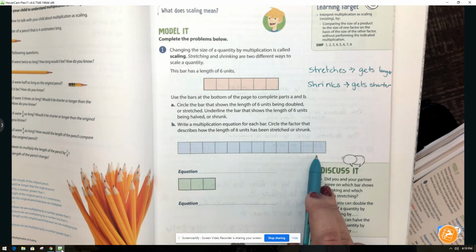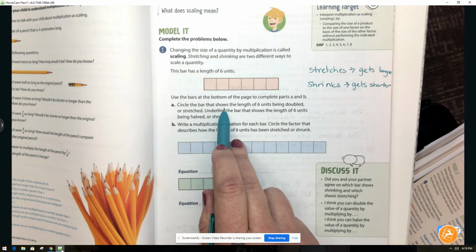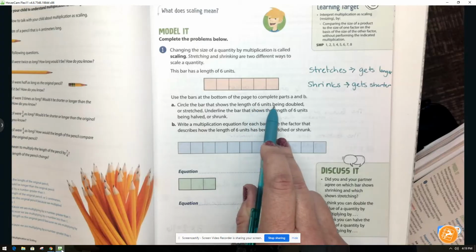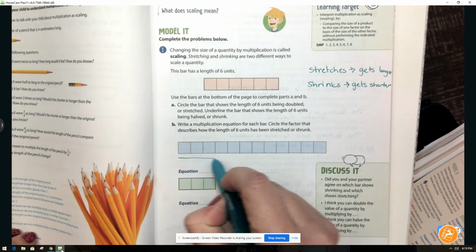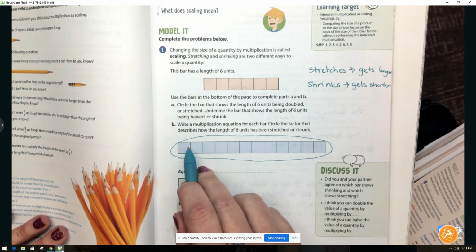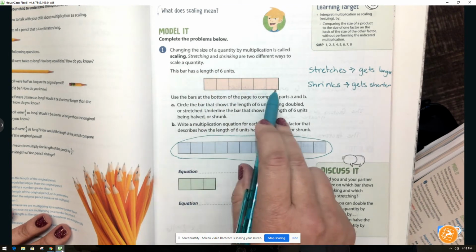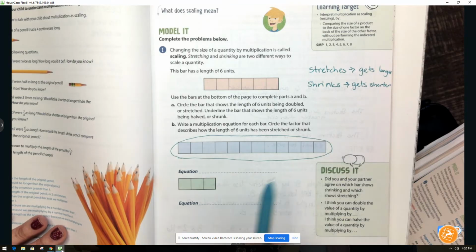That's right, the blue units show me 12. So I'm going to go ahead and circle the blue bar that shows the length of 6 units being doubled or stretched. So as you can see here, if I circle this section here, I see that these 6 units are being stretched and made longer to create these units.